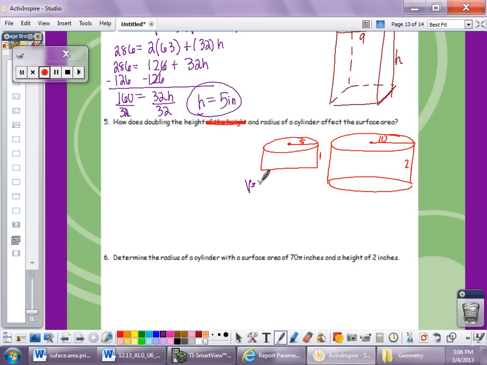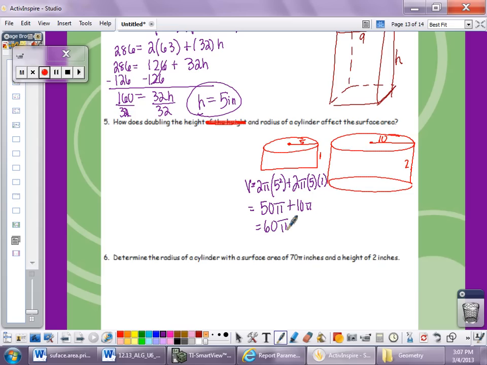Okay? If you were to find the surface area of this one, it would be 2 pi times 5 squared plus 2 pi times 5 times 1. Remember, 2 pi r squared plus 2 pi r times h, because that's your height. So this gives me 50 pi plus 10 pi, which is 60 pi.